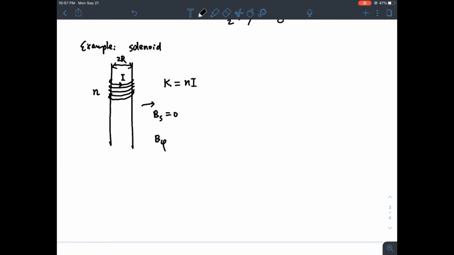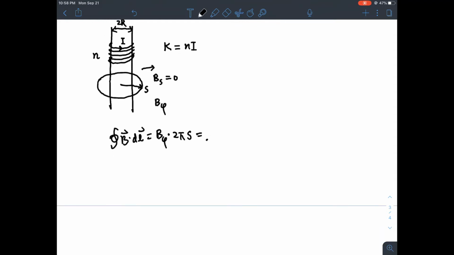The reason is you can define an Ampere's loop concentric with the solenoid, and then B dot dl is really this B phi value times 2 pi times the distance, let us say s, away from the axis, and this of course equals mu 0 times I enclosed.